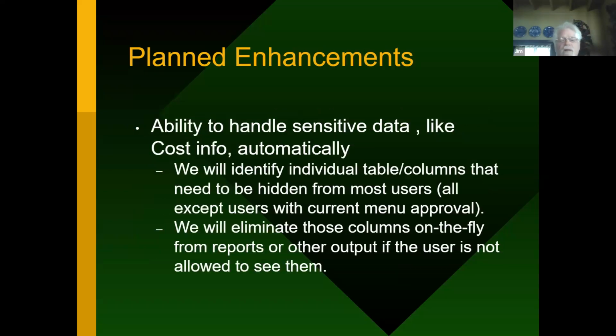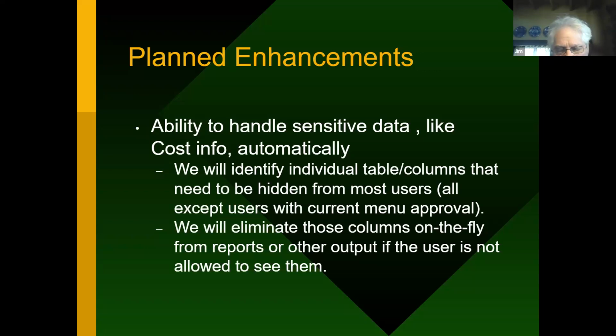All right, let's talk about some planned enhancements. I think the next item up is we're going to handle sensitive data automatically, like cost information. So we will identify individual columns in individual tables that need to be hidden from most users, all except the users that have the correct menu ability to see that information.